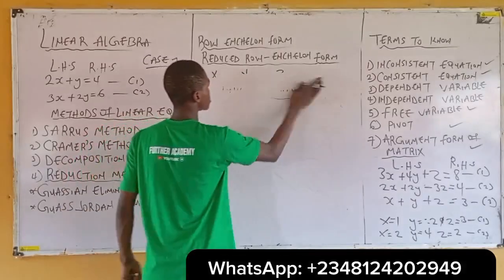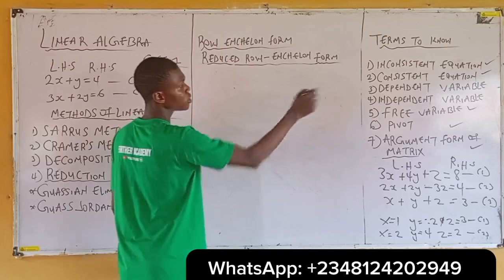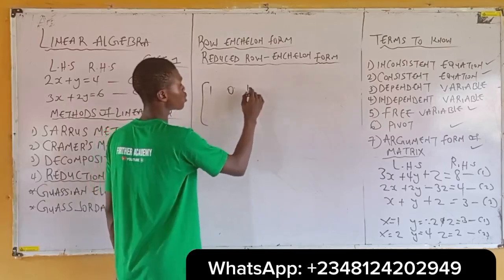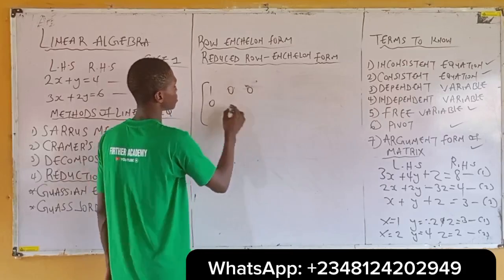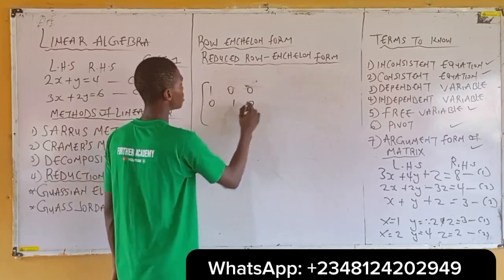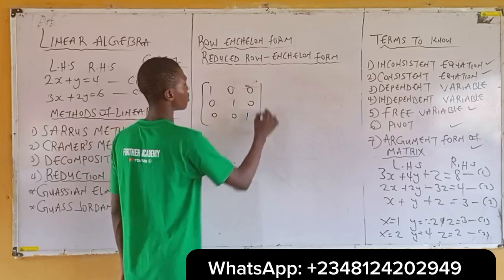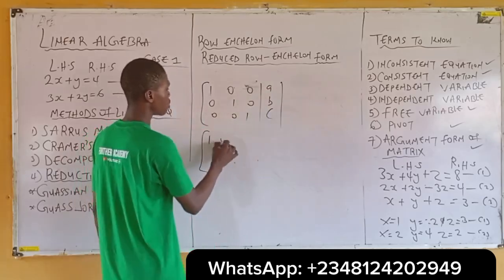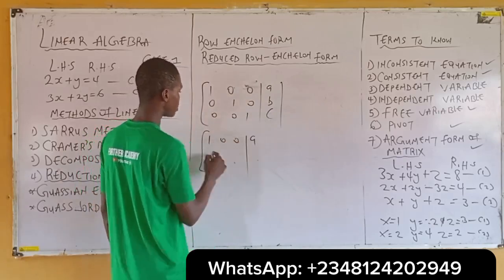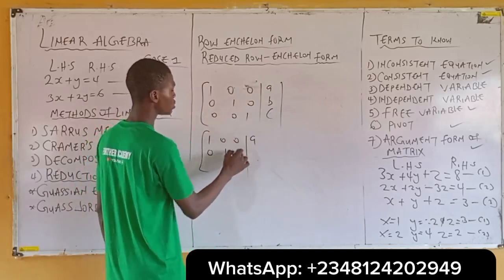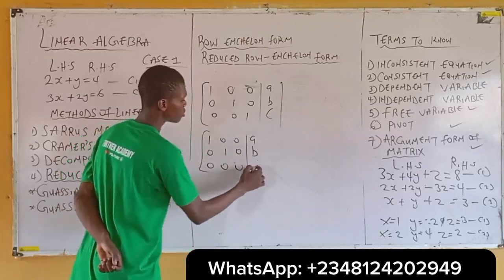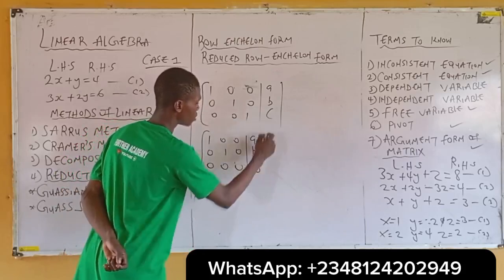Let me bring back to this, explaining dependent variable and independent variable. Earlier, under unique solution, we have something like this: 0, 1, 0, 0, 0, 1, A, B, C. Then we also have something like this: 1, 0, A, 0, 1, 0, B. Then the last one, 0, 0, 0, 0.